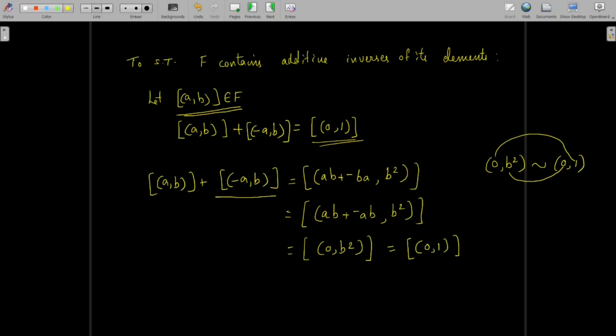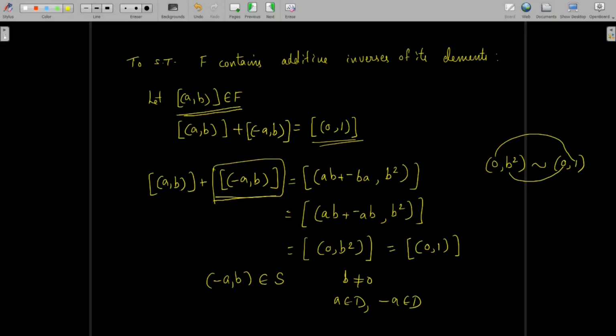Now we have to verify that this element, equivalent class minus A comma B, belongs to the field F. Clearly the element minus A comma B belongs to S, because we take the element equivalent class AB belonging to F, therefore B not equal to 0, and also since A belongs to D, minus A also belongs to D. Therefore, this element minus A, B belongs to D cross D, and also B not equal to 0.